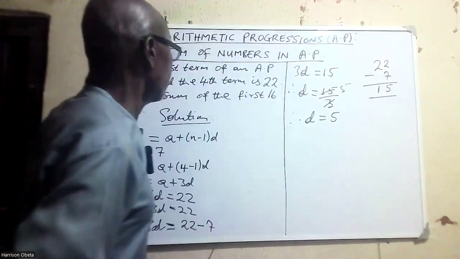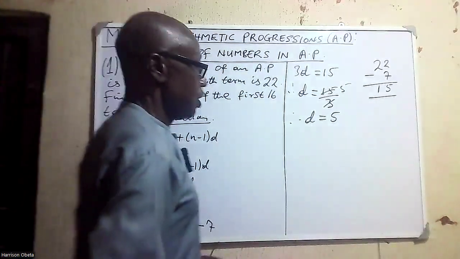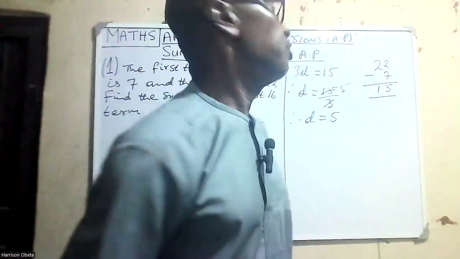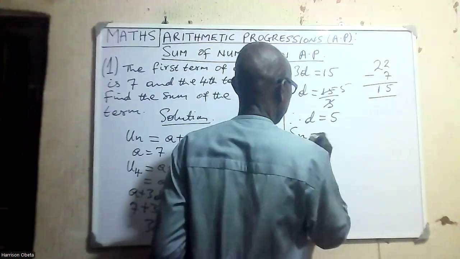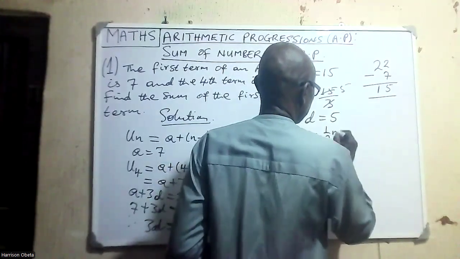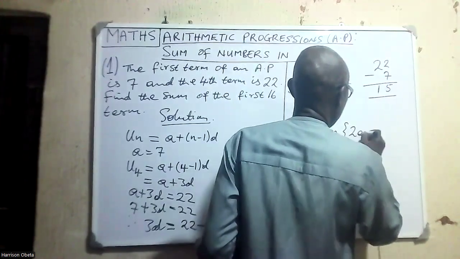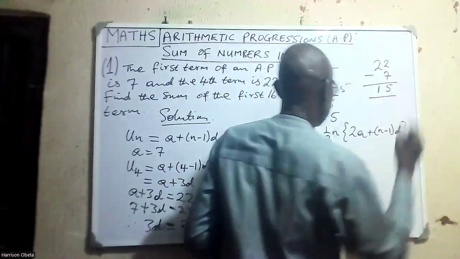But we are asked to find the sum of the first 16 terms. Again, we quote the formula for sum of an AP. The formula is Sn equal to 1 over 2 n into (2a plus (n minus 1)d).